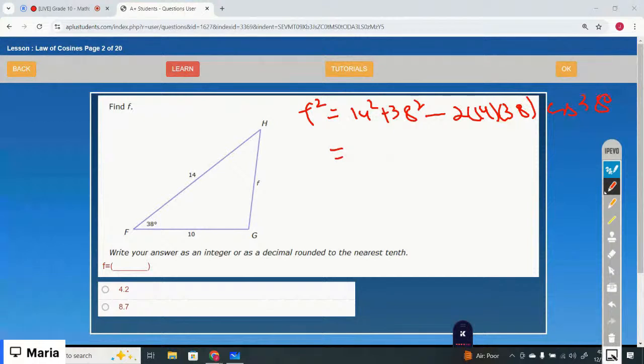So start with cos 38 degrees. That is 0.7880. 0.7880 times 14 times 10 times 2, that is 220.64.